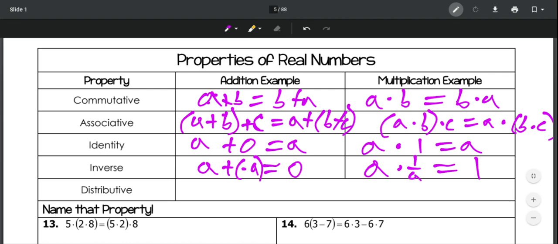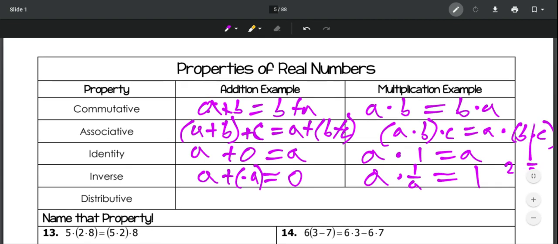Now, the easy way that I would remember this is if we had 2 and we wanted to get 1 back, we're going to just flip that, because 2 over 1 is the same thing as what 2 is. We just want to flip that and make it 1 over 2. Okay, and you'll see an example. I'll do an example. All right, so that's inverse.